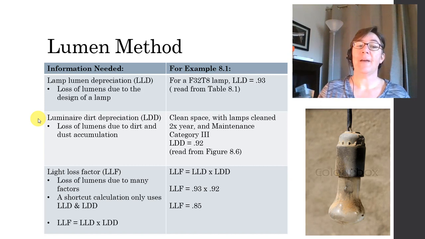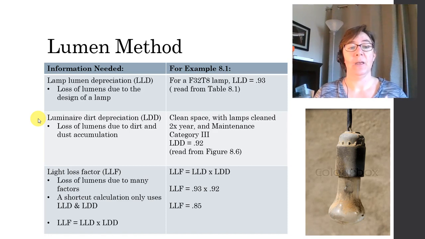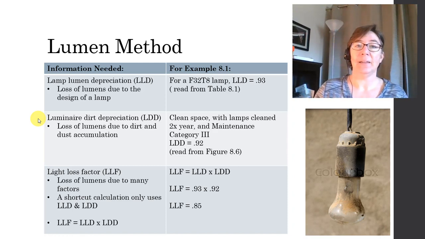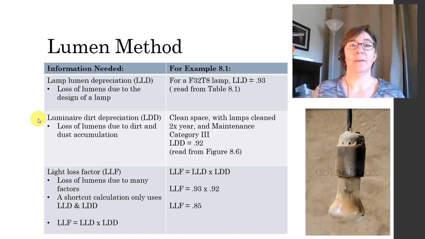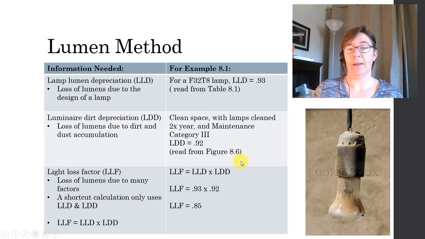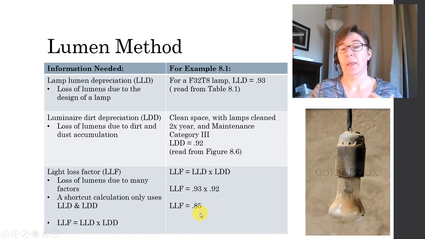So the light loss factor includes many different factors, but in this particular calculation, we are only going to consider those two depreciation factors, the LLD and the LDD. And to get your light loss factor, you're going to multiply those two factors together. So we've got a 0.93 multiplied by a 0.92, and we get a 0.85.